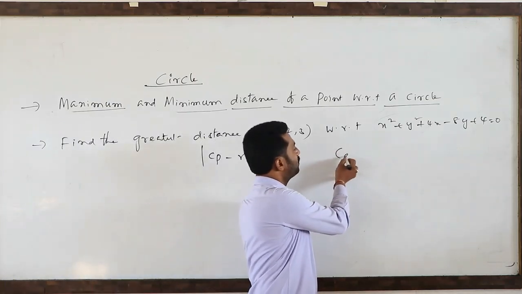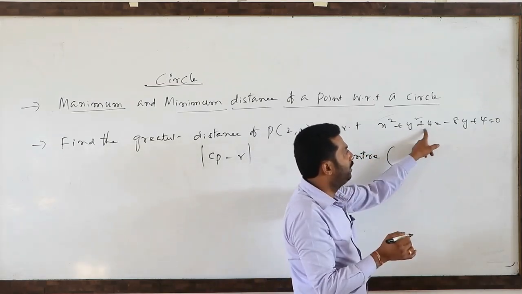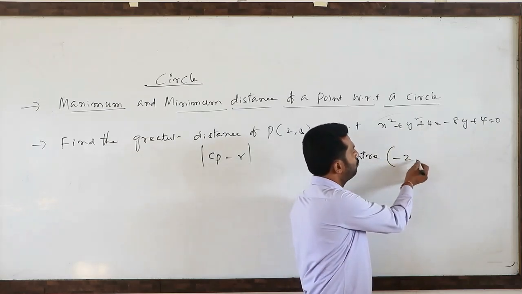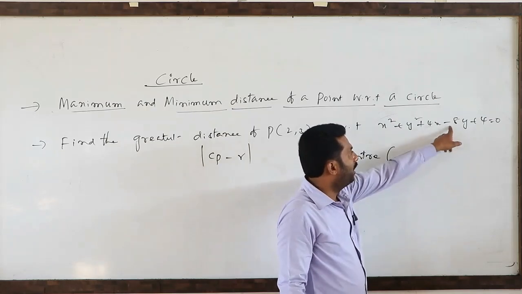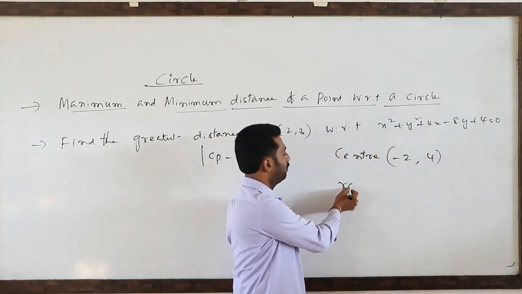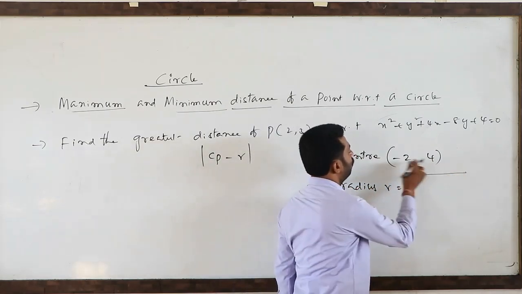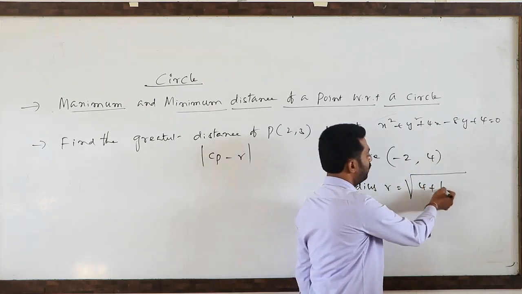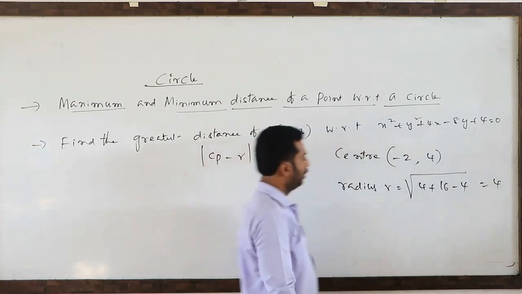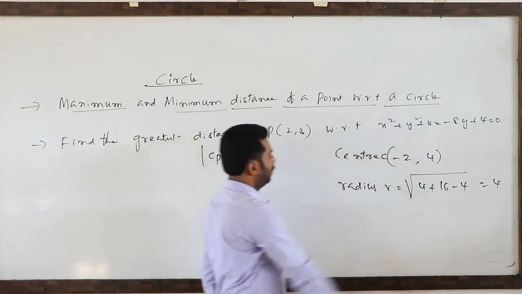What is the center of the circle? The x coefficient divided by minus 2: 4 by minus 2 is minus 2, minus 8 by minus 2 is 4. Then the radius R equals root of 4 plus 16 minus 4, so this is 4. This is C, the center of the circle.